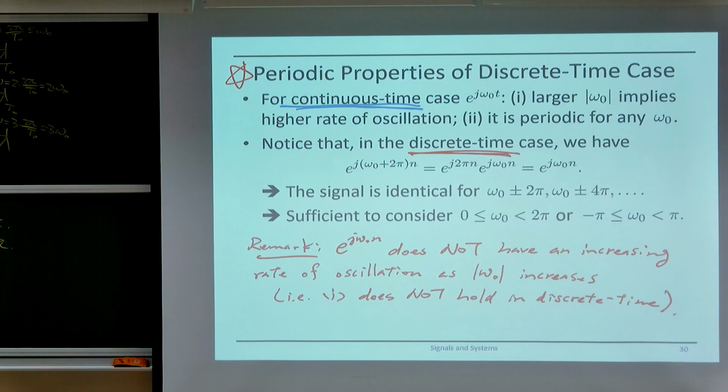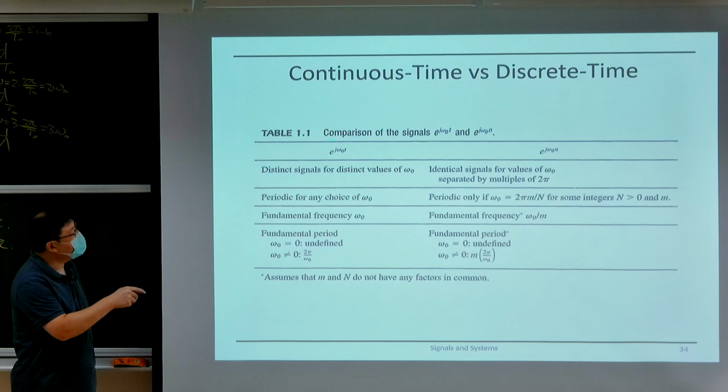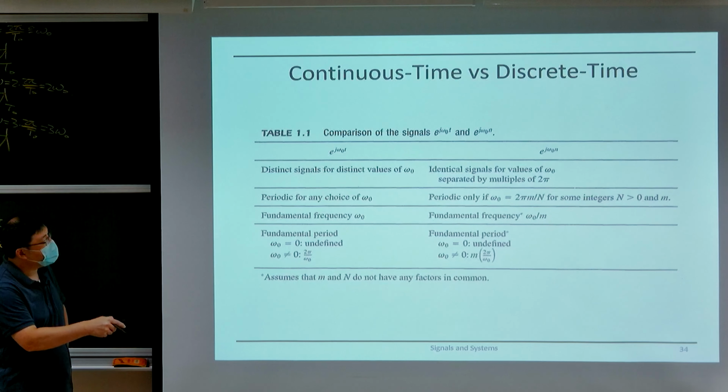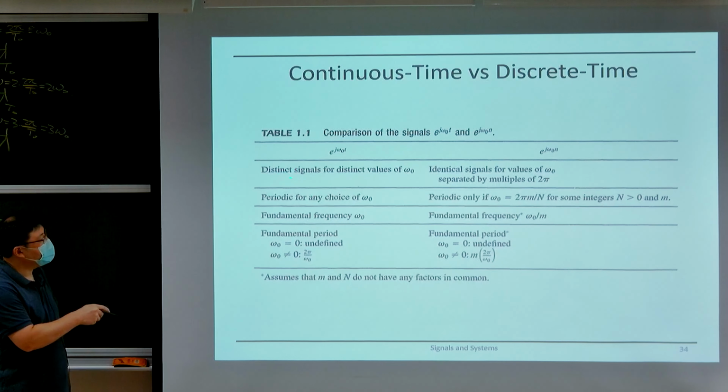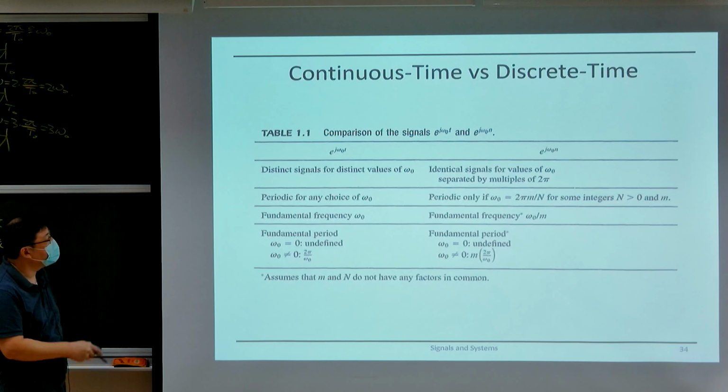If you compare continuous time and discrete time complex sinusoids, as mentioned before, in continuous time you have a distinct signal for distinct values of omega naught. In fact, you have a signal that oscillates faster and faster as omega naught increases for the continuous time case. But in the discrete time case, the behavior starts to repeat itself after multiples of 2 pi.